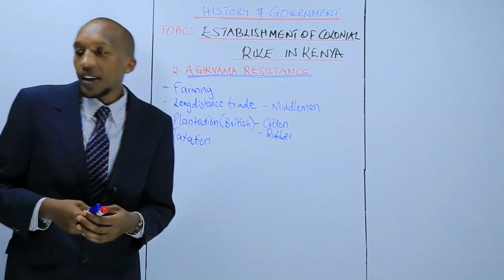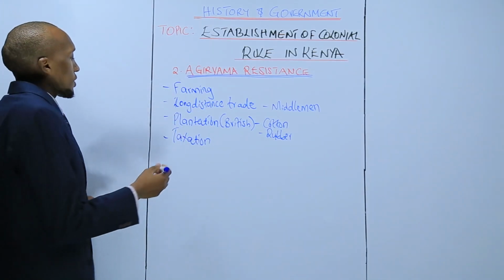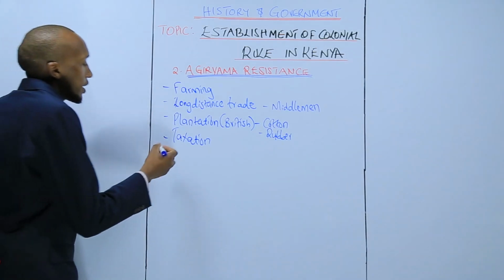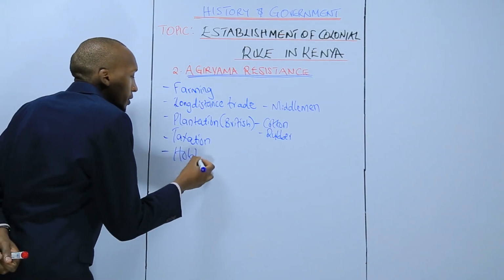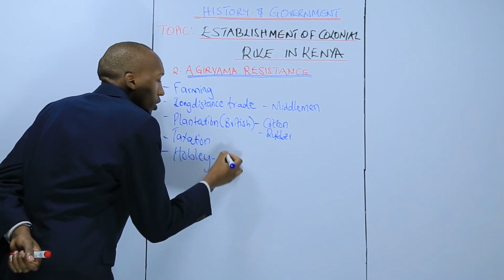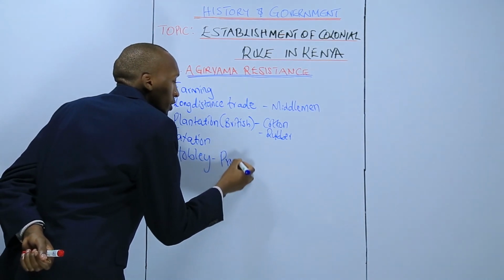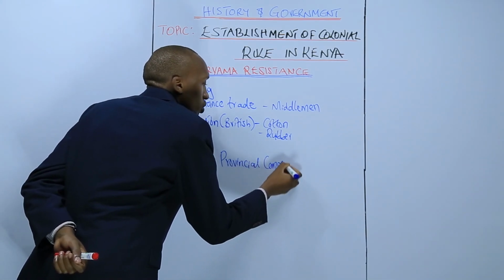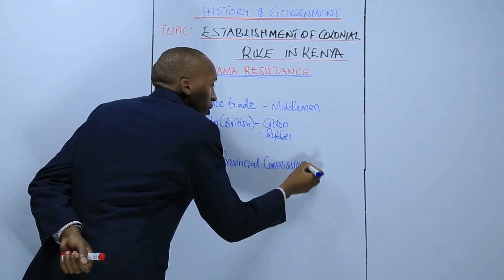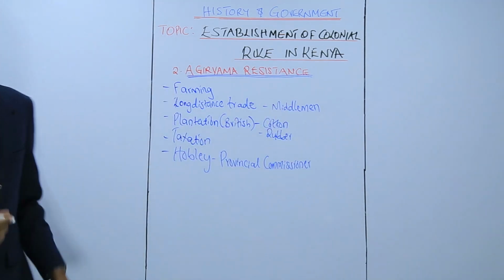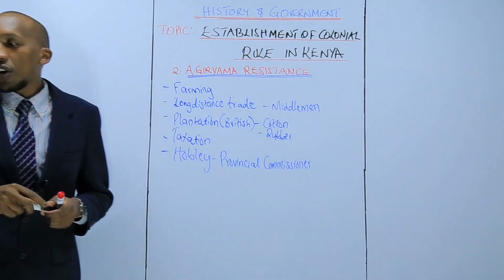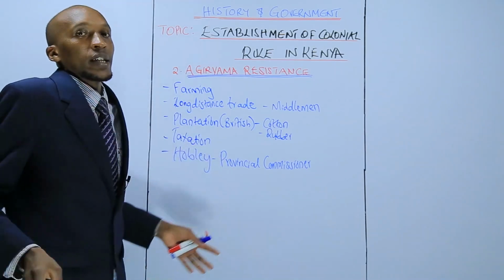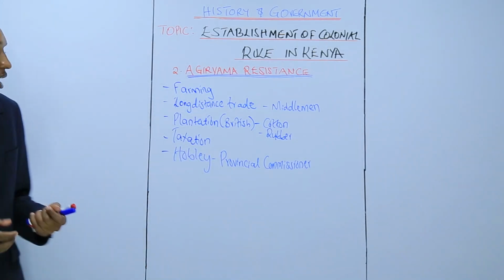That angered the British so much that one of the colonial leaders, known as Hobley, who was the provincial commissioner at the time, visited the area of the Agiriama because of how they had totally refused to follow all the orders they were given.